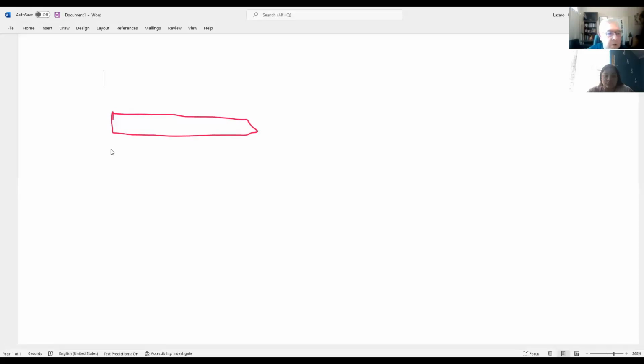Then you put your ruler here, and you know that the ruler is divided into centimeters. 1 centimeter, 2, 3, 4, 5, 6, 7, 8, 9, 10, and then 11.